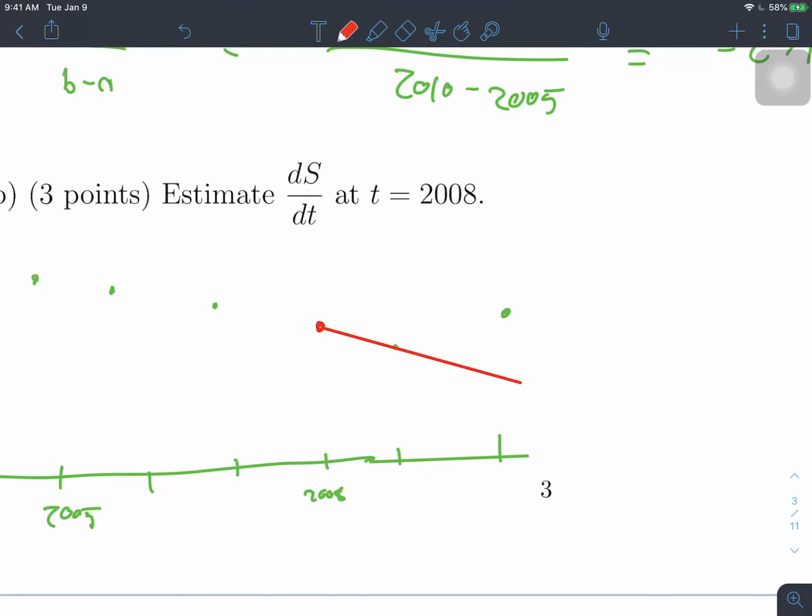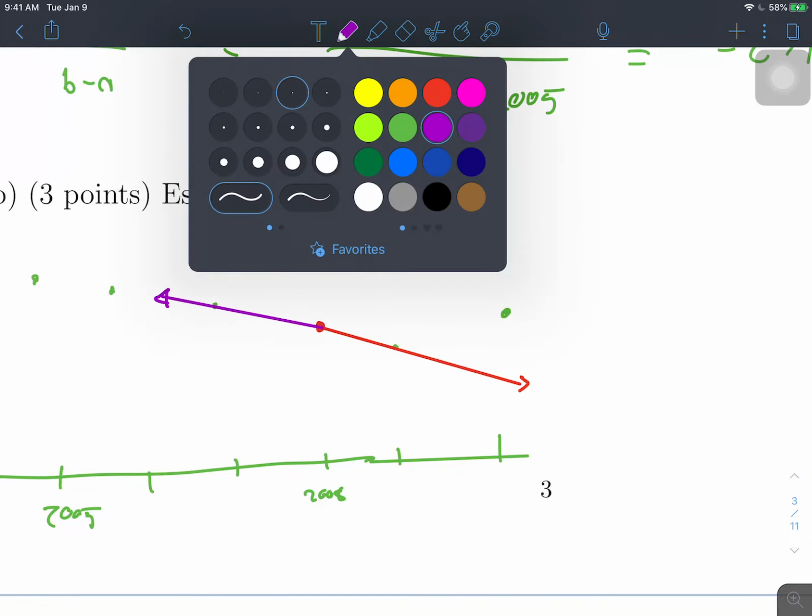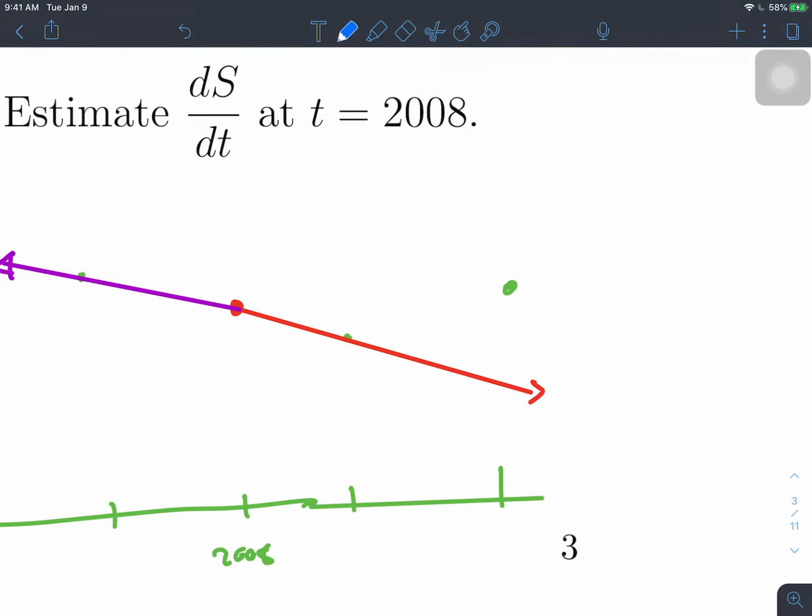So line number 1 comes in the direction of the next point, and line number 2 goes in the direction of the other point. So if we take the average of these two slopes of these lines, then, okay, let's say S itself looks something like this.